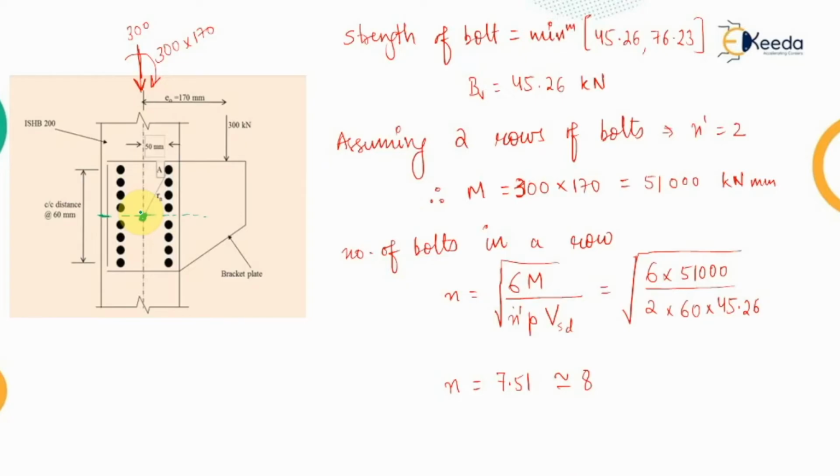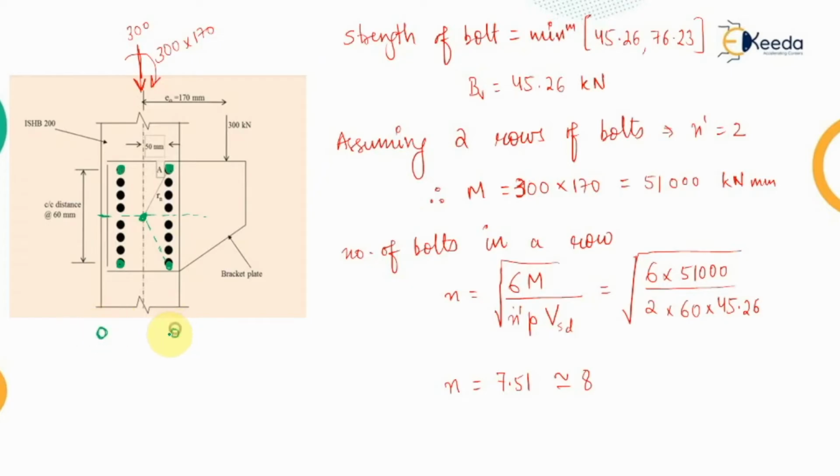Now corresponding to it, we need to find out the critical bolt. As we have already seen, the critical bolt will be the one having the farthest distance from the centroid of the bolt group, and the bolts present at the end, which I am highlighting with the green color, have the largest distance from the centroid. That means out of these 4 bolts, one will be the critical one.